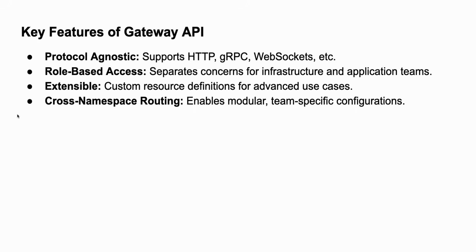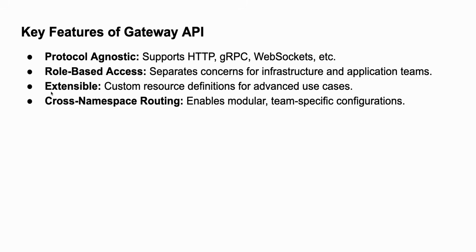So yeah, these are the key features of Gateway API. One is that it is protocol agnostic, because it supports multiple protocols like HTTP, gRPC, WebSocket, etc., which Ingress was not able to support. Then we have role-based access as well. Using RBAC, we can separate the concerns of the infra team and the application team, so they can both do their work separately, and they do not merge their things into one file.